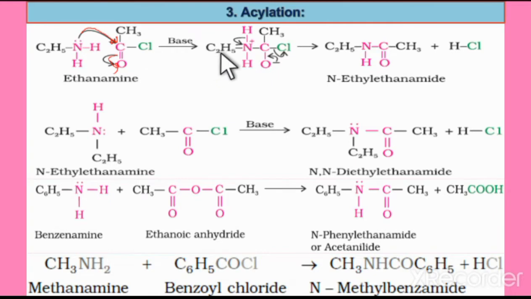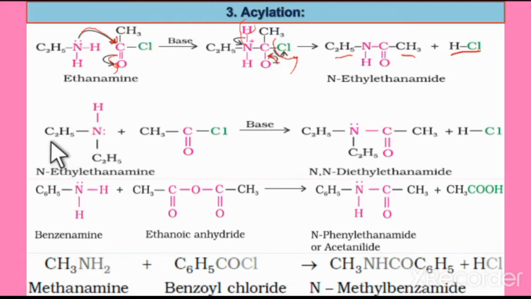It forms C2H5NH2 plus CH3CO minus Cl. Now the negative charge of the oxygen is delocalized between the carbon and oxygen, and the Cl minus can be left out. It also takes one proton and forms N-ethyl ethanamide, that is C2H5NH C double bond O CH3, plus hydrochloric acid.